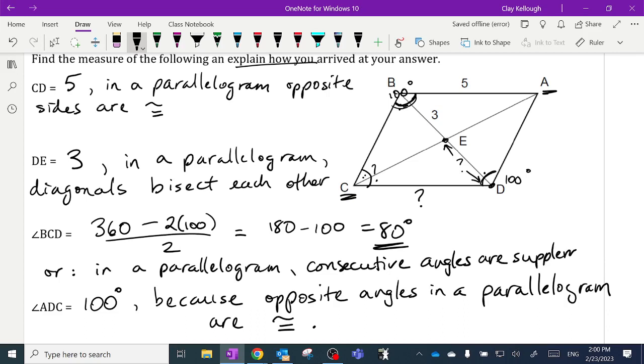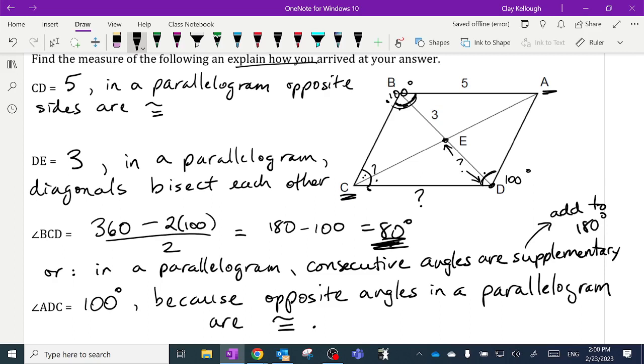And who remembers what that means from yesterday? That means they add to 180 degrees. So if this is 100, that has to be 80, which is what we got doing it the long way. That's kind of the way a lot of rules in math and geometry especially work. If you know a rule and you have it memorized, it can save you the work. I had to do a bunch of calculating, but if I'd just known that fact, then I just subtract 100 from 180. Turned out to be the same number either way.